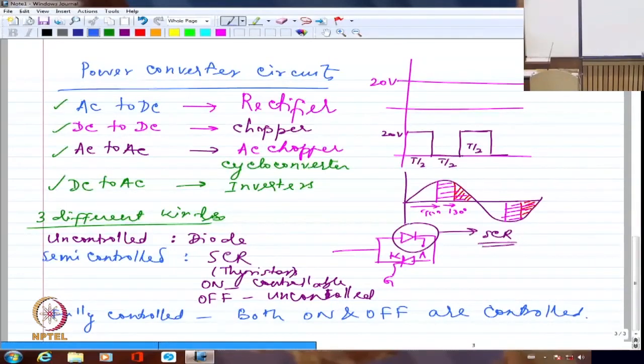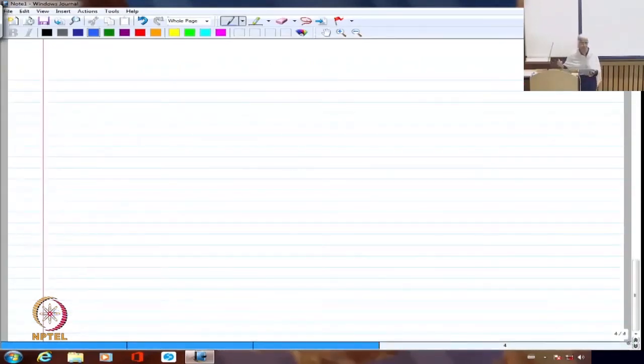So the second effort is generally towards on-state losses or on-state resistance reduction. And the third effort generally in many of these devices is towards high frequency of operation. I can't say which is the highest priority and which is the lowest priority.